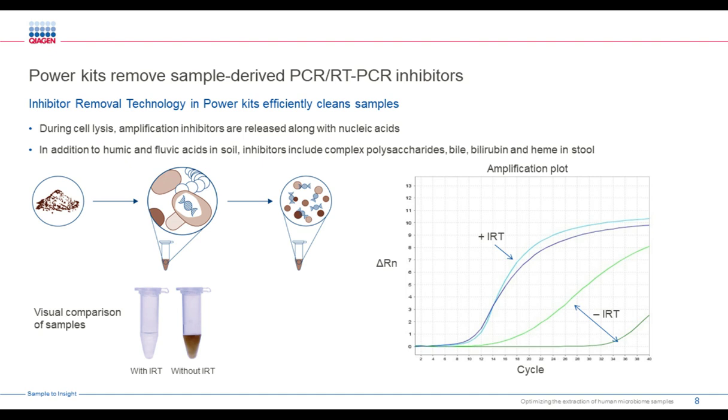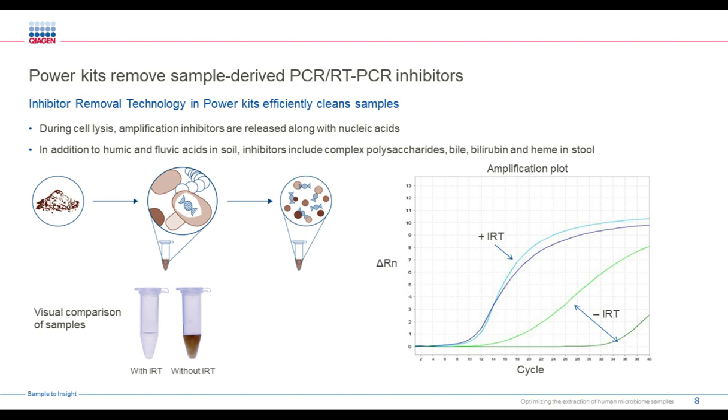And IRT is a method of precipitating out inhibitors during the prep so that you don't have to do a post-elution cleanup, and separating the inhibitors very efficiently from the DNA so that they don't disturb you in your downstream technology. Now, down below, you can see an example of what happens when you do a sample prep with IRT on the left, with the clear eluate, and without IRT on the right, where you have a very discolored eluate.